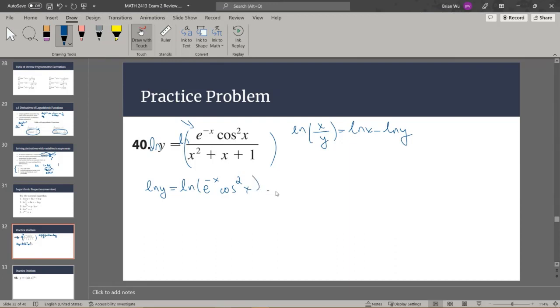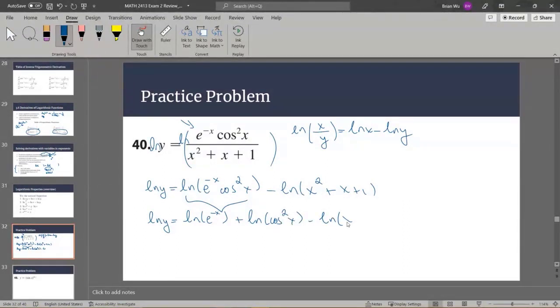Right? So this is minus ln of this denominator. And we know we can further separate this one because it's multiplied. We're going to get, in this case, ln of e to the negative x plus ln of cosine squared x minus ln of the inside.